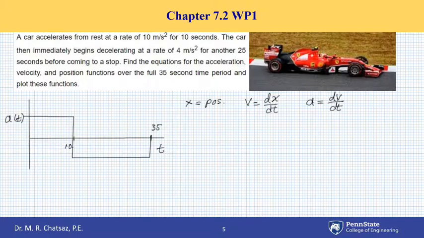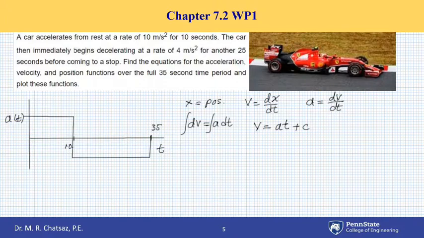Since acceleration is given, I use the third relationship to solve for v. Therefore dv equals a dt. If I integrate both sides of this equation, I can write v as at plus some constant.